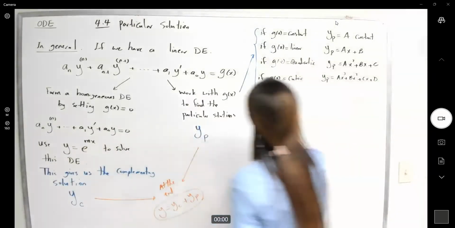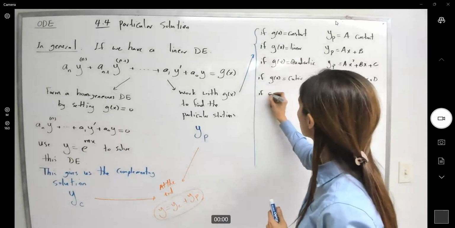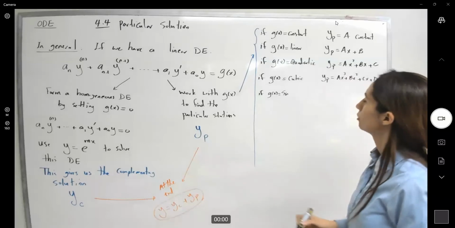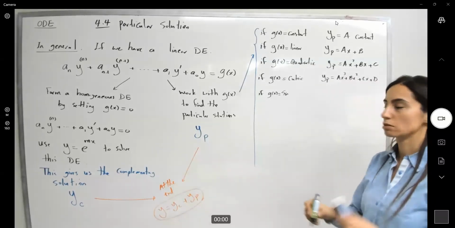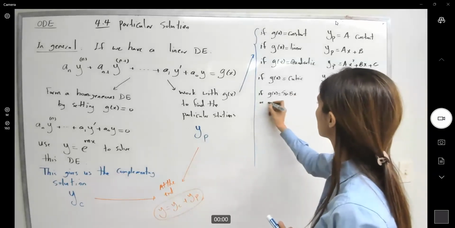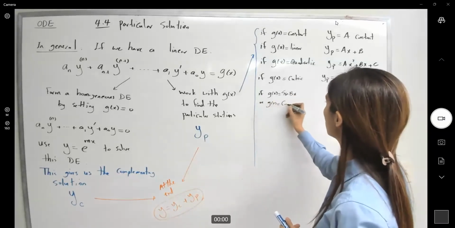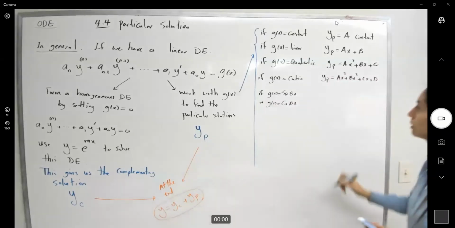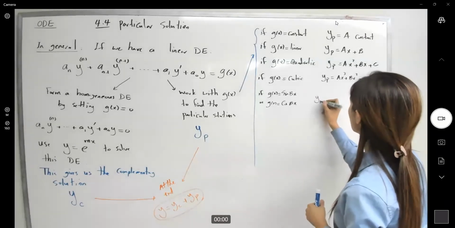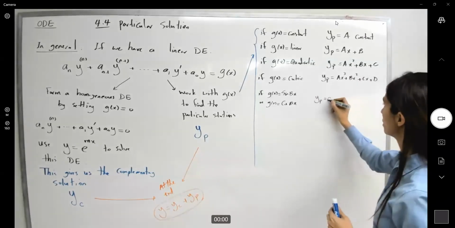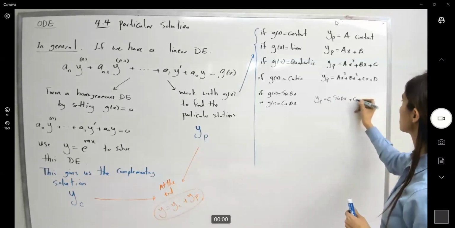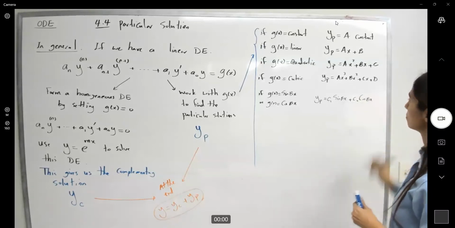If it's in trig format, if your g of x is equal to, let's say, sine of bx, or g of x is cosine bx, then your y sub p, the particular solution, has the general form, the combination of, let's write it down, c1 sine of bx plus c2 cosine bx.